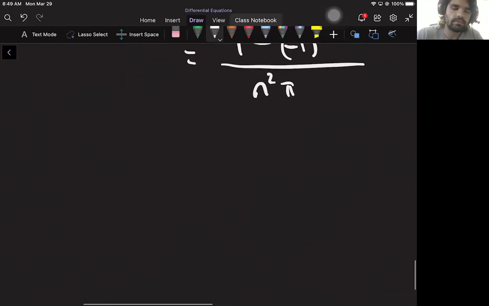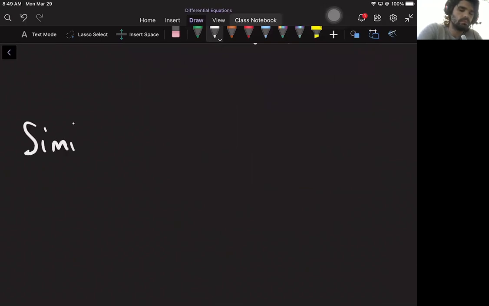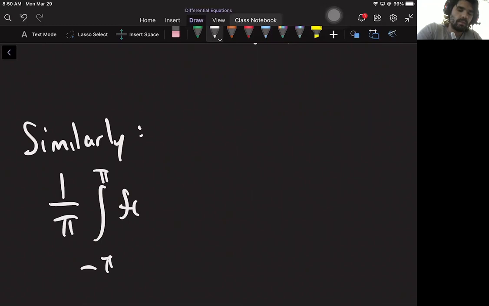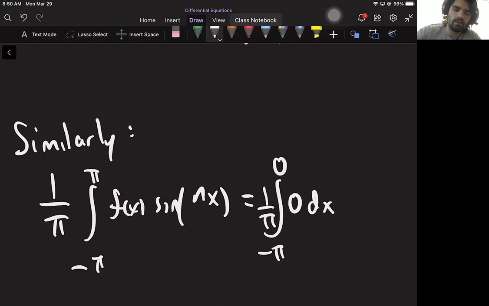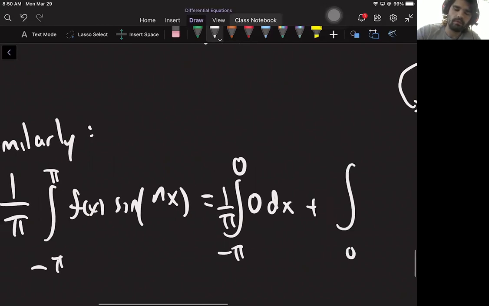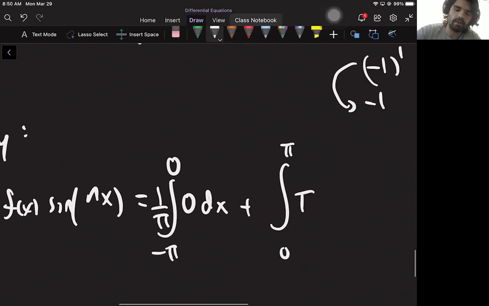And now let's do the sine part. So 1 over pi, integral from -pi to pi, f of x sine of nx, the pi is canceled already, equals, okay, we do the same thing, break it up into this, so that's just going to be 0, and then go from 0 to pi, and that's going to be pi minus x on that part.